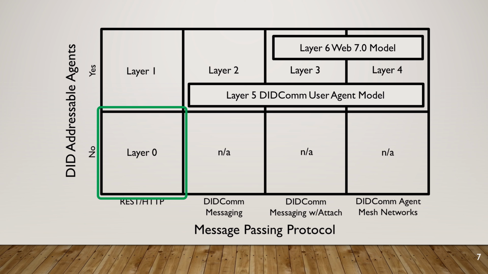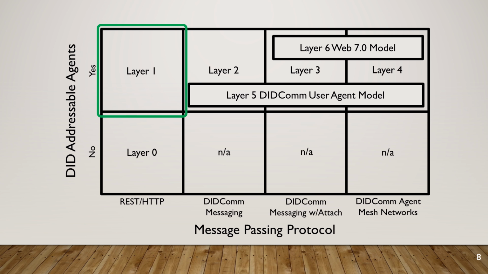There we have layer 0, which is really the simplest baseline technology architecture that developers are most likely to know, and that's a simple REST over HTTP agent. Not using DID addressability, not using DIDComm messaging, and we start out there with a simple example.